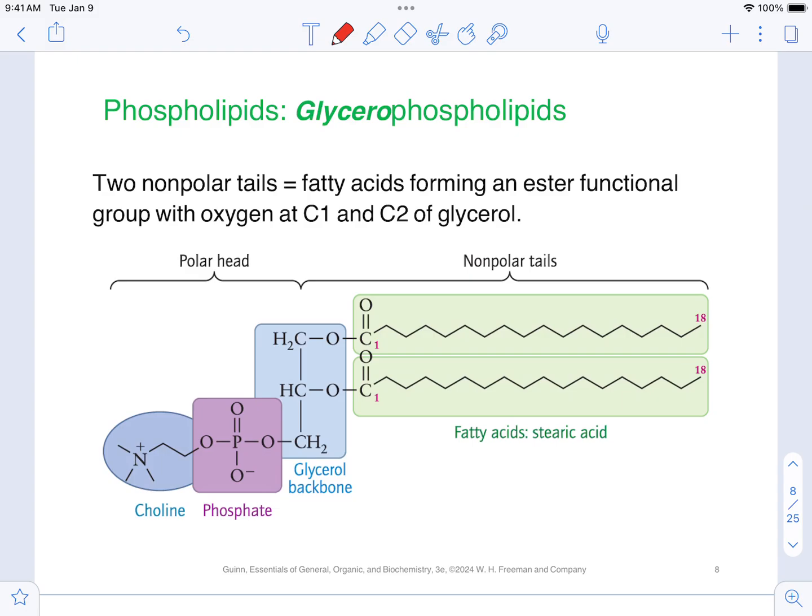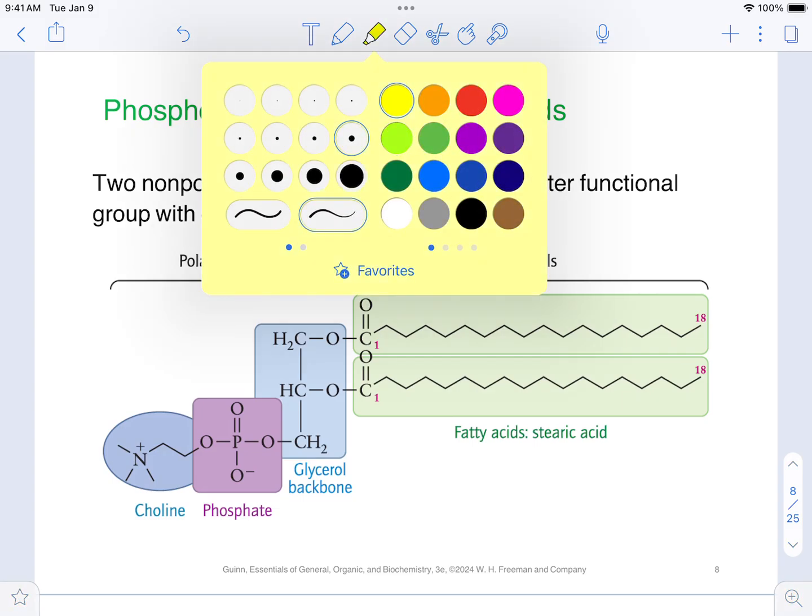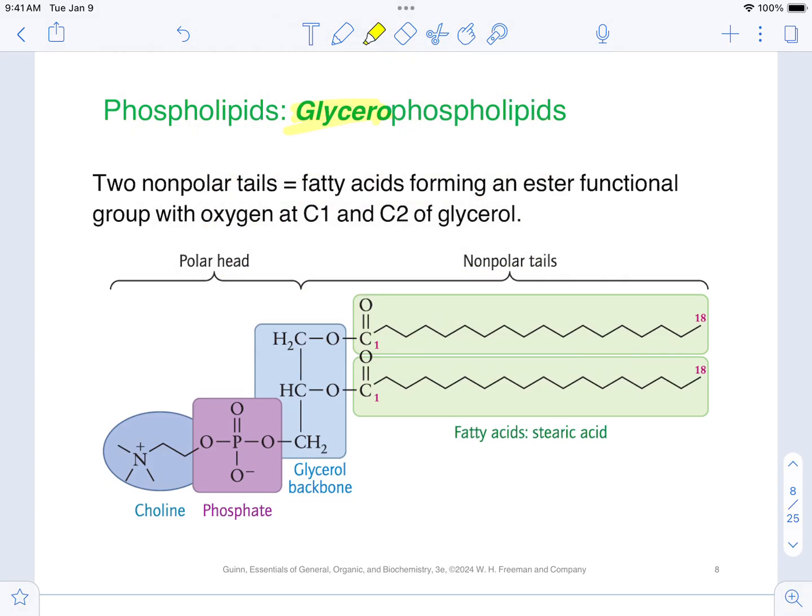So I want to get into glycerophospholipids here. These phospholipids are derived from a glycerol compound. So you have to have your glycerol backbone in there, hence the word glycero. So here is your backbone. That's the first thing I'm going to look at. Glycerophospholipids will have two nonpolar tails, and these will come from fatty acids.